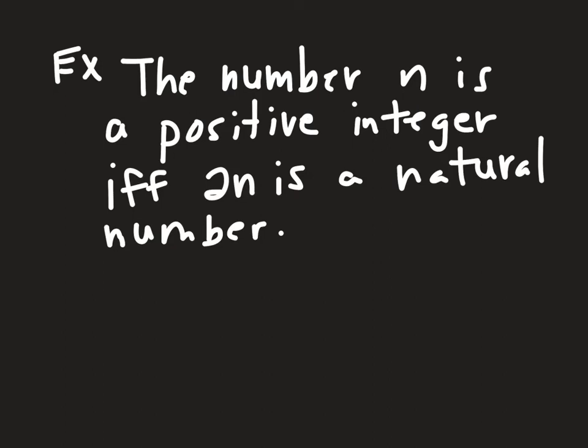The next example, I'm looking to tell whether this is true or false. It says the number n is a positive integer. So remember, the integers go from the positive counting numbers and their opposites, but also 0, right? So negatives, -5, -8, 0, 1, 2, 3, 4, etc. If and only if I double it, 2n is a natural number.